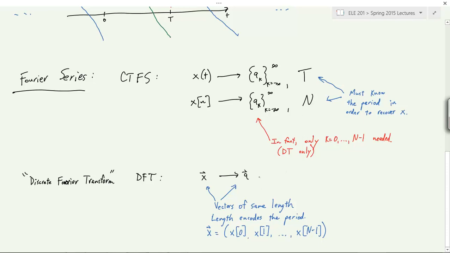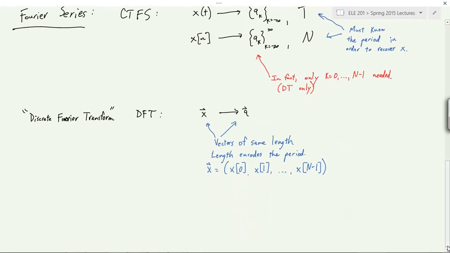Okay. Now, this DFT is essentially the discrete time Fourier series.